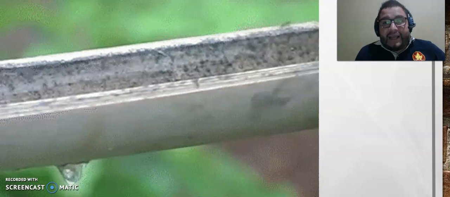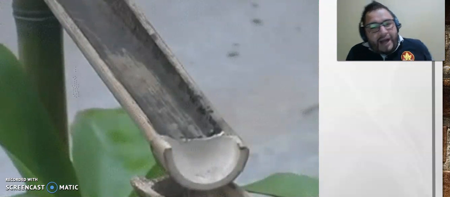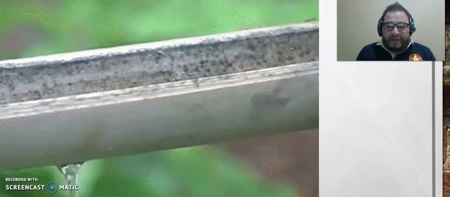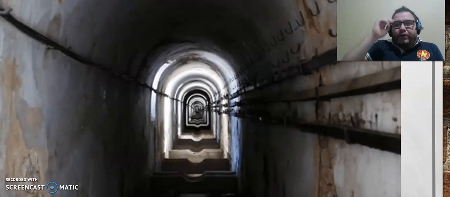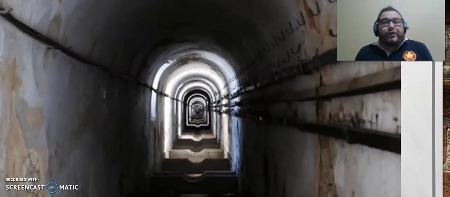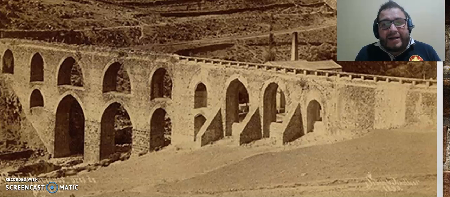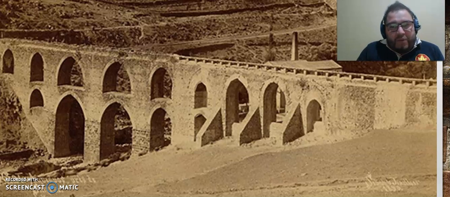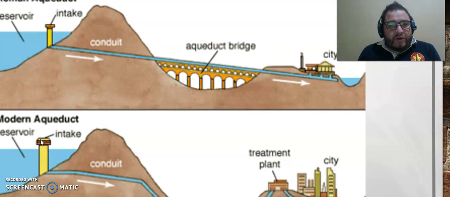Very smart, and they used pipes to move the water from one place to another. Look, using canals or using tunnels and transporting the water through the cities, right? This is the way the Romans transported the water. The water goes in here in the aqueducts and then passes to other places or other parts of the city.